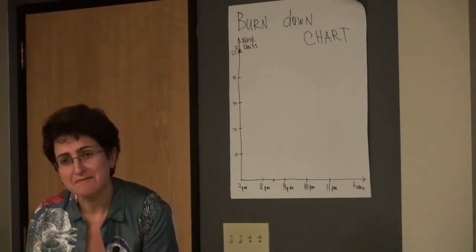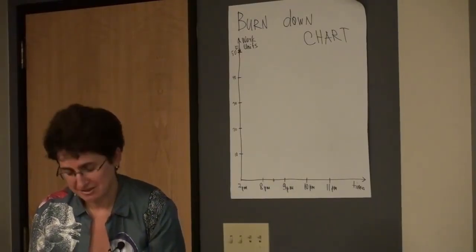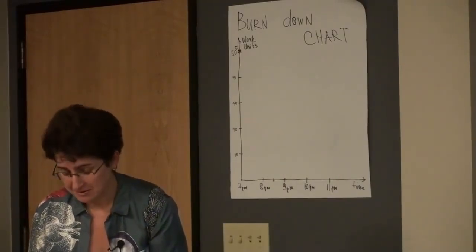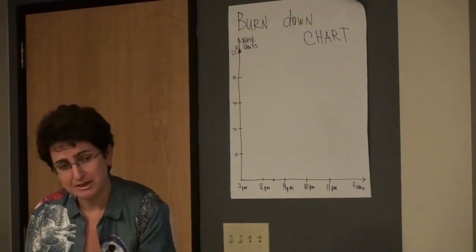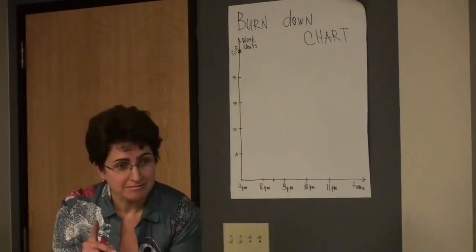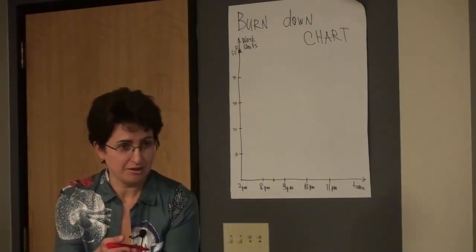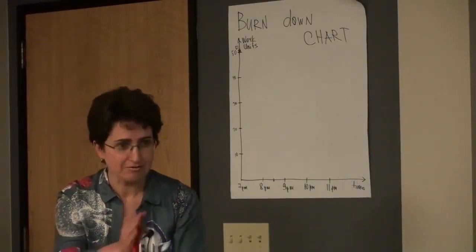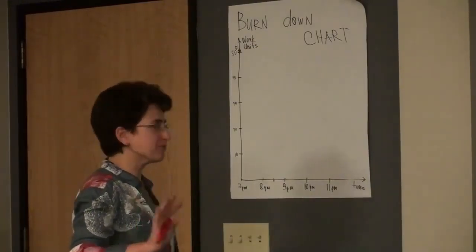Plus 5, 7. Plus 3, 10. Plus 1, 11. Plus 1, 12. Plus 1, 13. Plus 1, 14. Plus 4, 18. 14 plus 4 is 18, right? Okay, 18. Don't confuse me. I'm confused enough with my work.